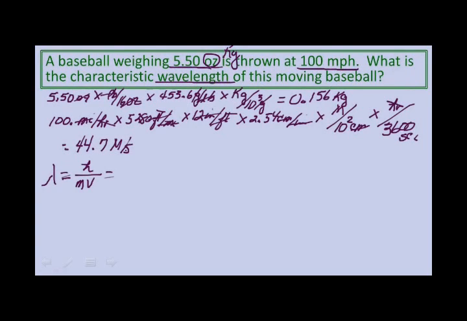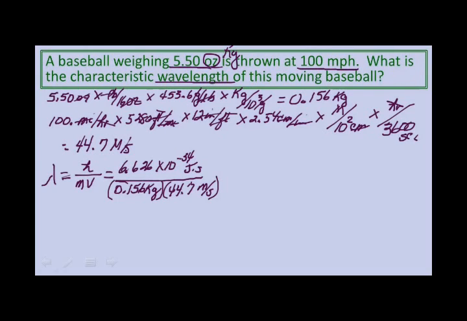That's going to be equal to Planck's constant, 6.626 times 10 to the negative 34 joule seconds over 0.156 kilograms times 44.7 meters per second. Yeah, okay.